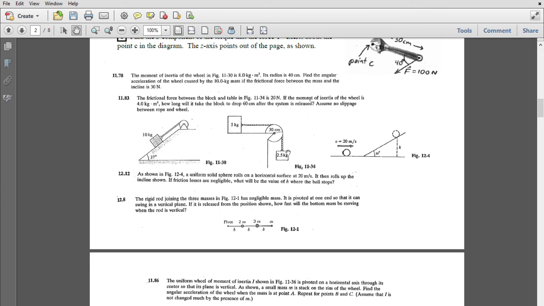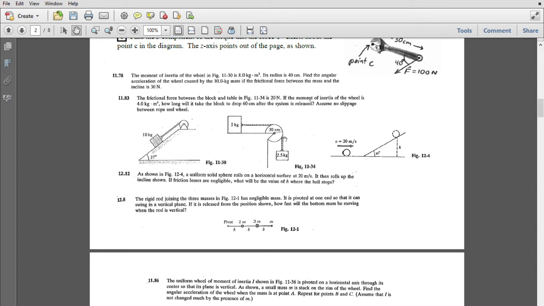F net equals m a y components, F net equals m a y components, torque net equals I alpha, where the net torque, if we're calling this direction positive, we would have the tension T1 and T2 on the different sides of the pulley. They're going to be different tensions because the pulley has a non-negligible moment of inertia. The net torque would be T1 times 0.3 meters minus T2 times 0.3 meters because they're pulling in opposite directions, so they're trying to twist it in opposite directions.